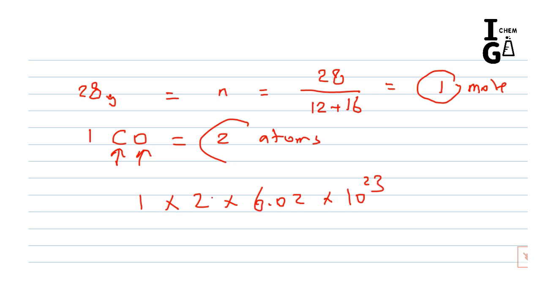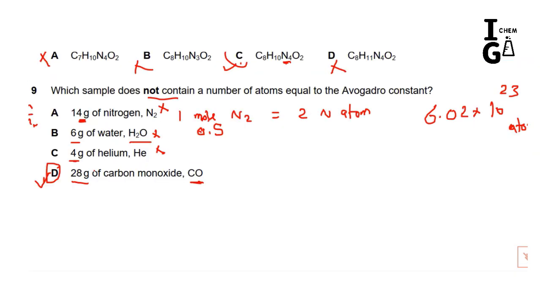So you see guys, 1 times 2 will make it 2. So the final is 2 times Avogadro's constant. So this is not a number of atoms equal to Avogadro. Actually this is the correct answer because it's a double Avogadro, or Avogadro times 2. Okay guys?